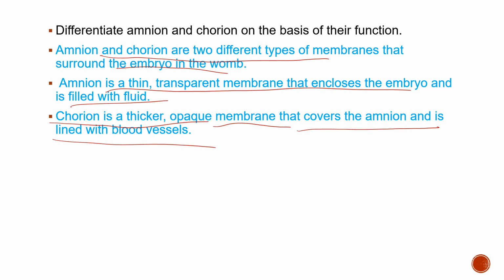If you close your eyes and try to recall the amniotic sac and the fully matured fetus inside it, you will find that the inner layer is the amnion, which is covering the fetus, and above that is the chorion, the thicker opaque membrane, covering the amnion and lined with blood vessels.